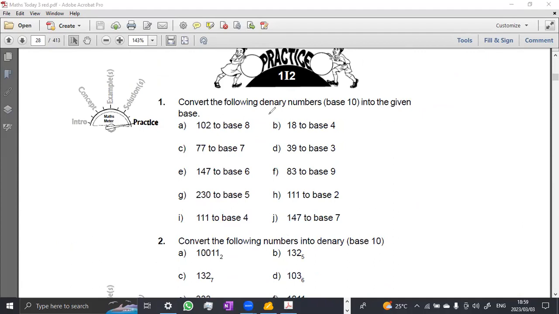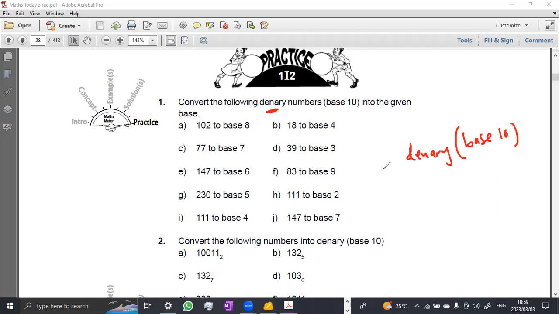Convert the following. In this book, they are saying denary numbers. Denary meaning what? Base 10. Binary, base 2. So denary, that's base of what? Base of 10. But that part they will actually explain later on.